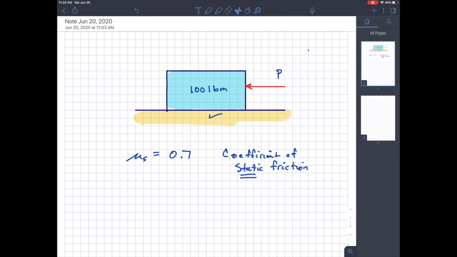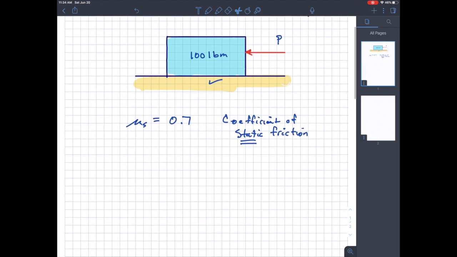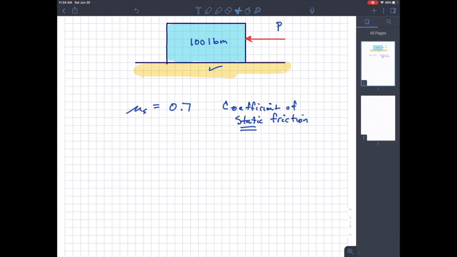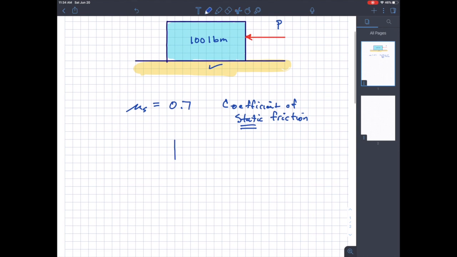Okay, so what we're going to consider here is the case where it is a rough surface and we would model the forces with a free body diagram where we have frictional forces incorporated into the model. Okay, so here's a free body diagram. We have the weight moving down.